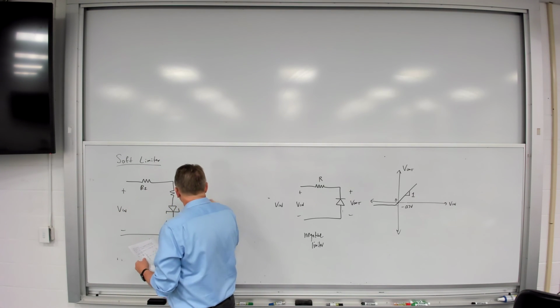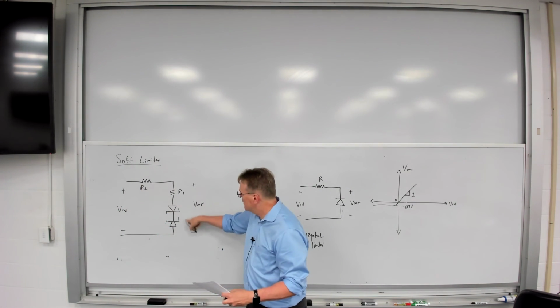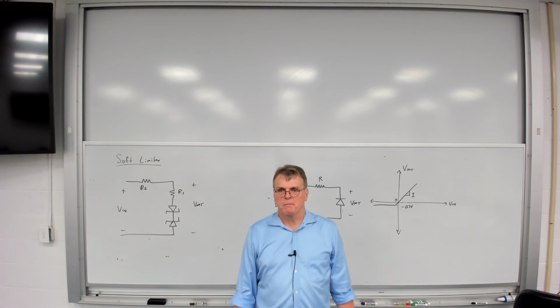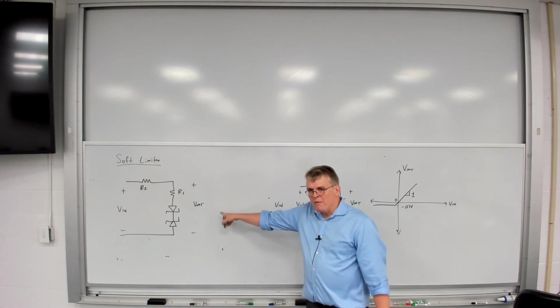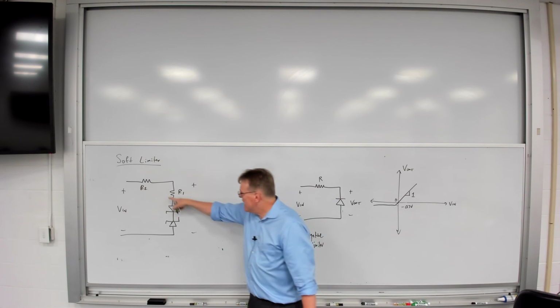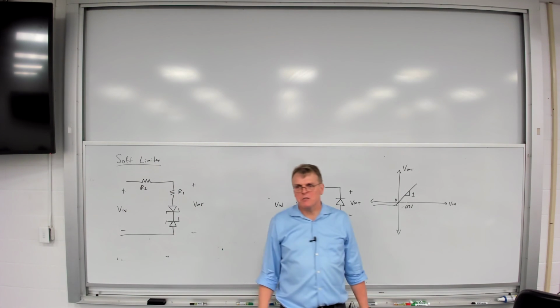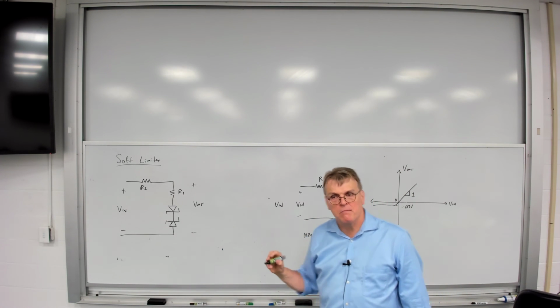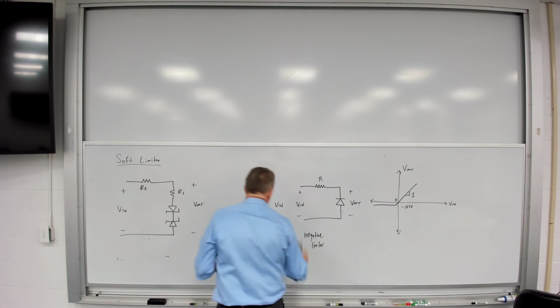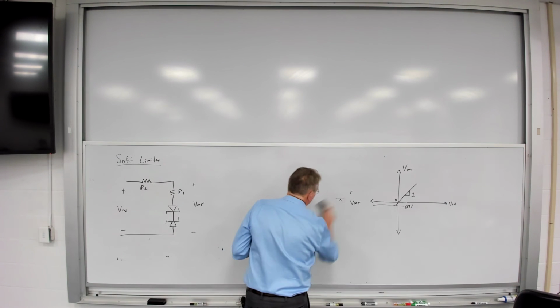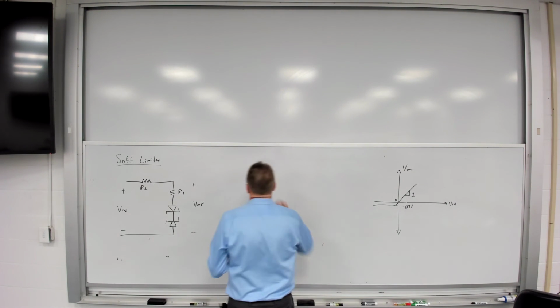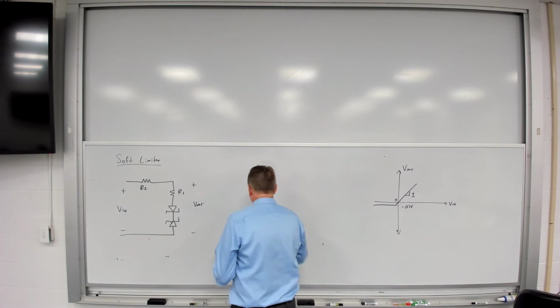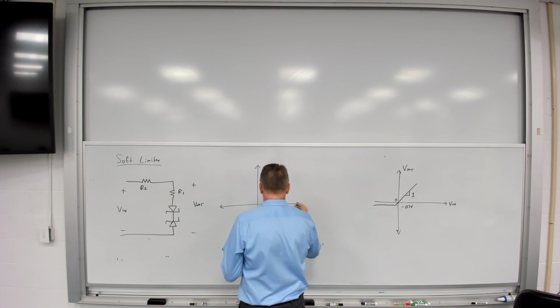Now I'm going to take my output voltage across the two Zener diodes plus an extra resistor R1. When this limits, I'm going to have an additional voltage drop across that R1, which is going to increase as the current increases. And if I look at how this circuit works, it works like so. Now I'm going to have this kind of behavior.